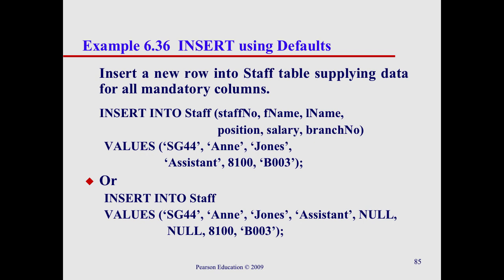You're also allowed to specifically identify the columns for which you are providing values. So here we are specifically providing values for these columns. In this case, you don't have to follow the order of the columns in the relation.